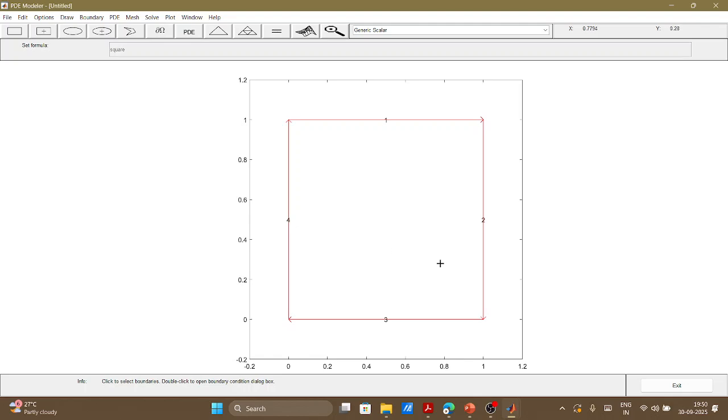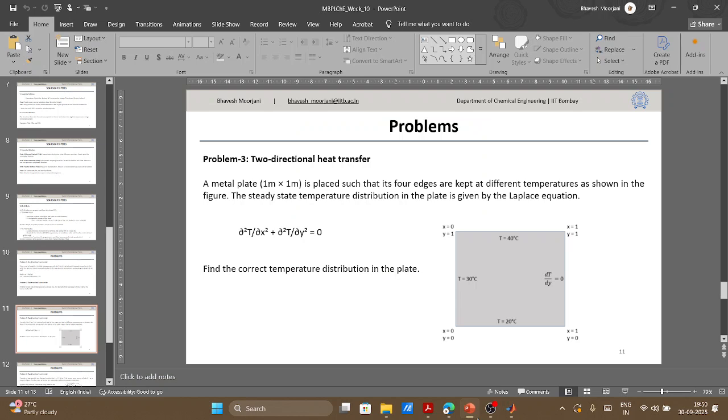Okay, so let's provide the boundary conditions. So what are the boundary conditions? The left edge is kept at 30 degrees centigrade, the right edge is insulated so the gradient is 0, the top edge is at 40 degrees centigrade, and the bottom edge is at 20 degrees centigrade.